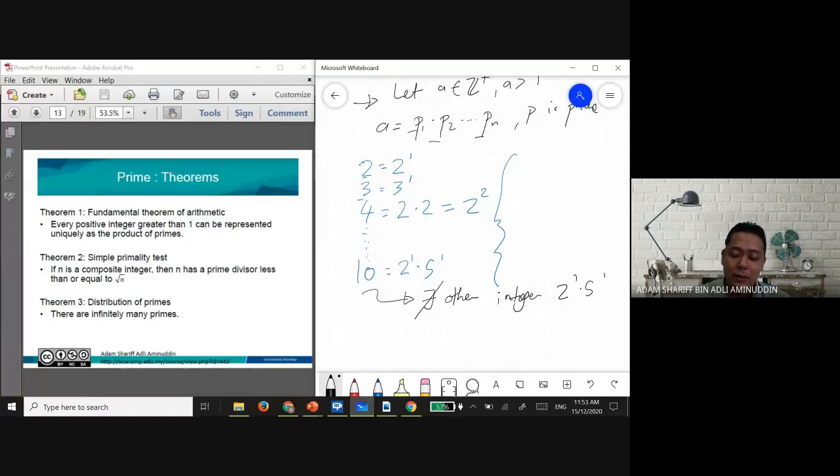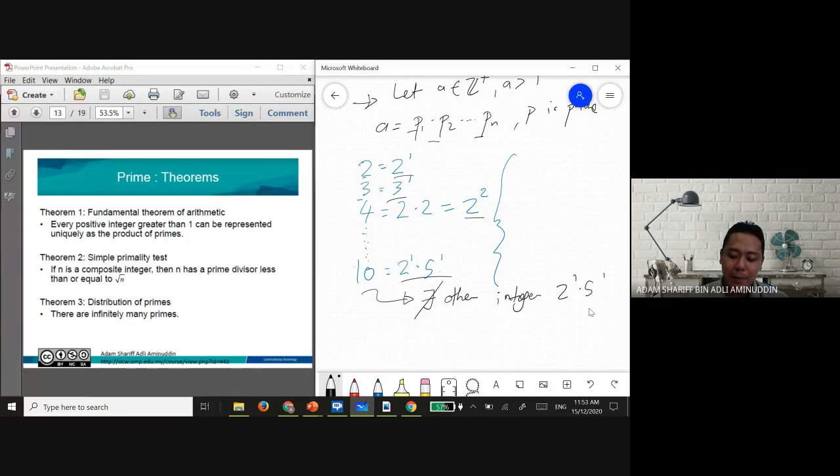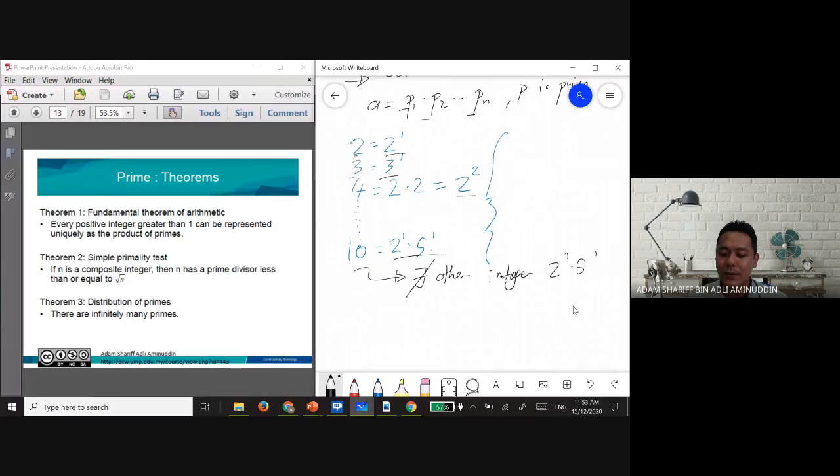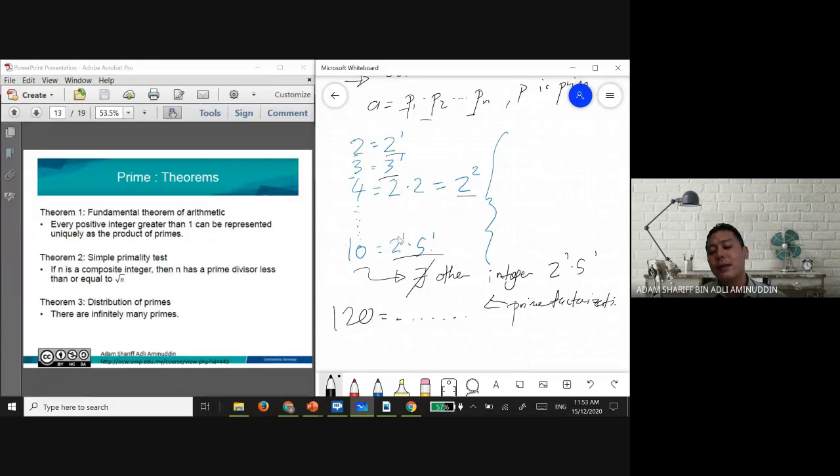Guaranteed. So this is a unique representation of an integer. Maybe this Thursday, I will teach you how to factorize a number into primes. For example, if I take a large one, 120, what is the product of primes associated with 120? Okay, kita boleh tahu menggunakan teknik prime factorization. Ada dalam nota, kamu boleh tengok nanti.